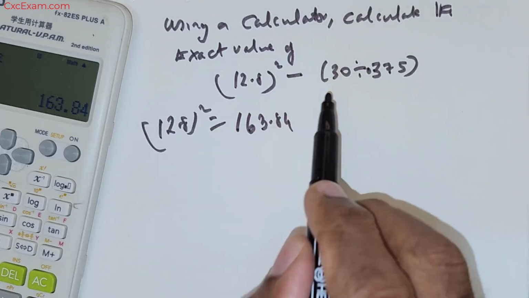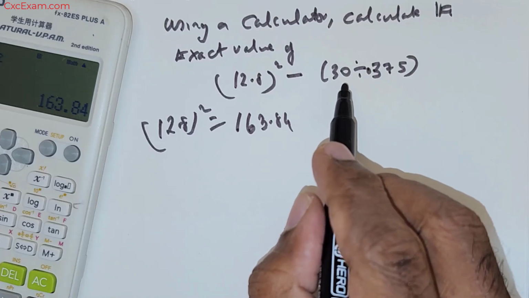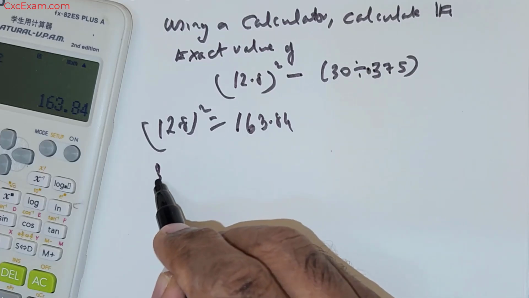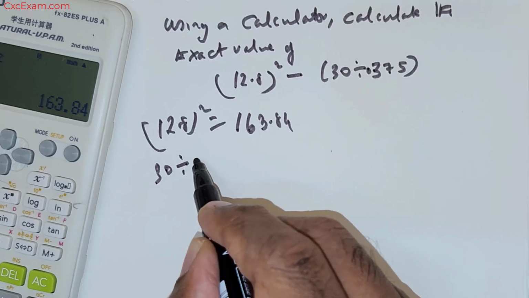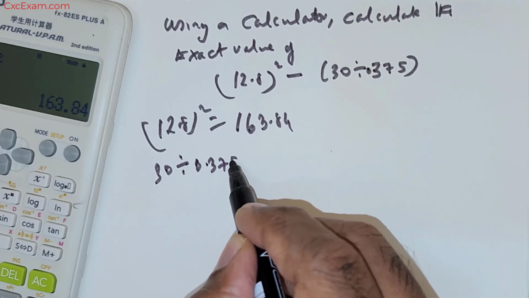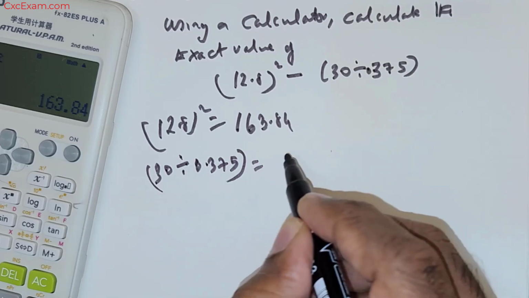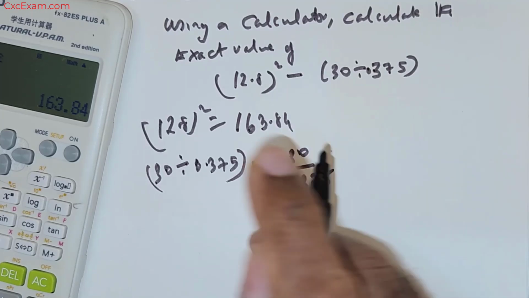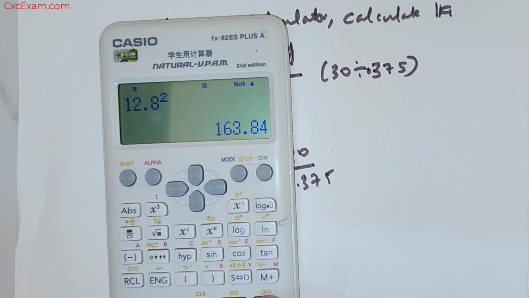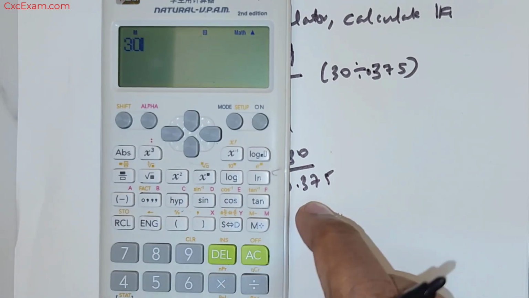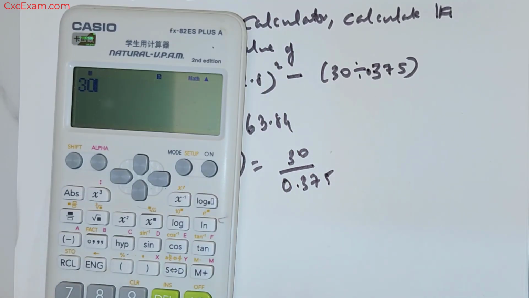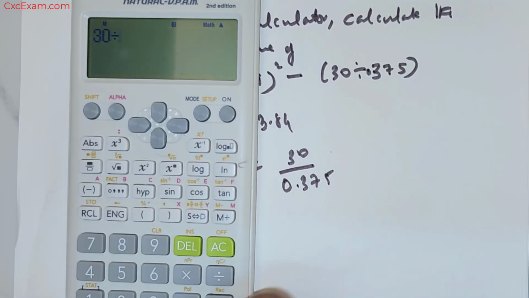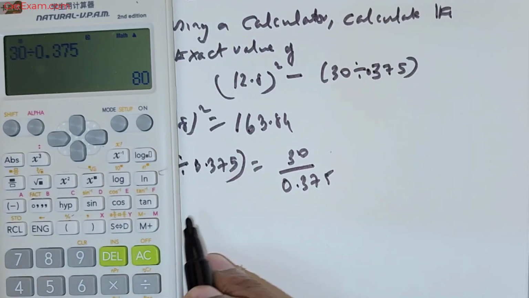Next, there is a parenthesis. It states that 30 is divided by 0.375, which means 30 over 0.375. Since we have the calculator, it is no big deal. We simply say 30 divided by 0.375, and that gives us a value of 80.